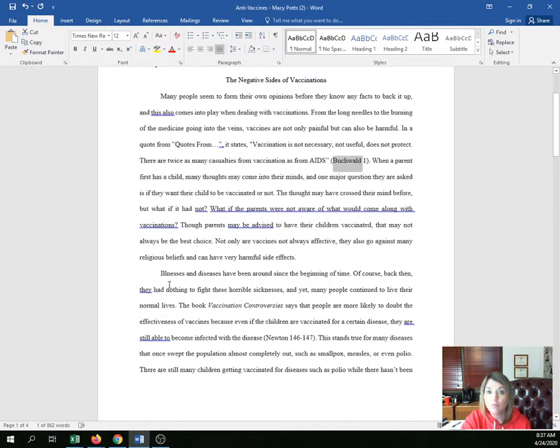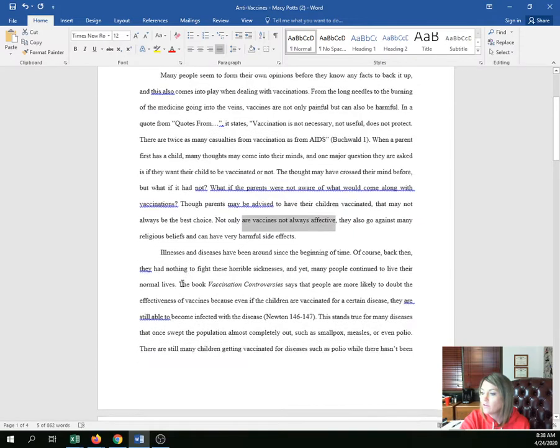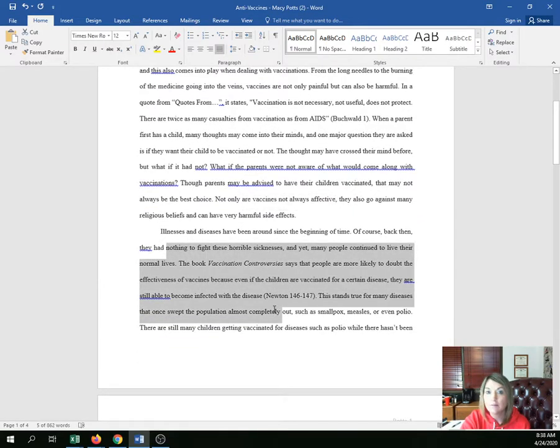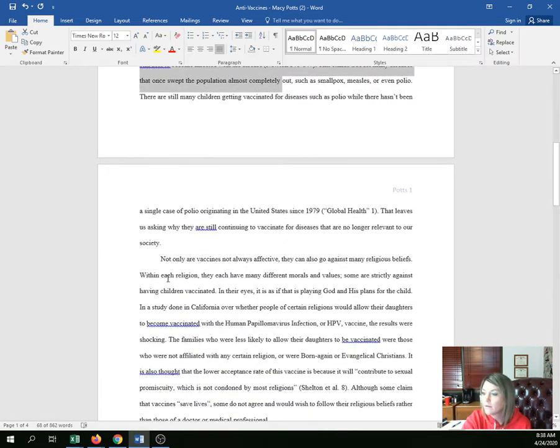Your first body paragraph, and you may have two, I'm going to address that, needs to be about your A. So, they're not always effective. This paragraph right here is about how vaccines are not always effective. And I'm going to come back up. This one, if you see here, topic sentence: not only are they not always effective, but they go against many religious beliefs as well.